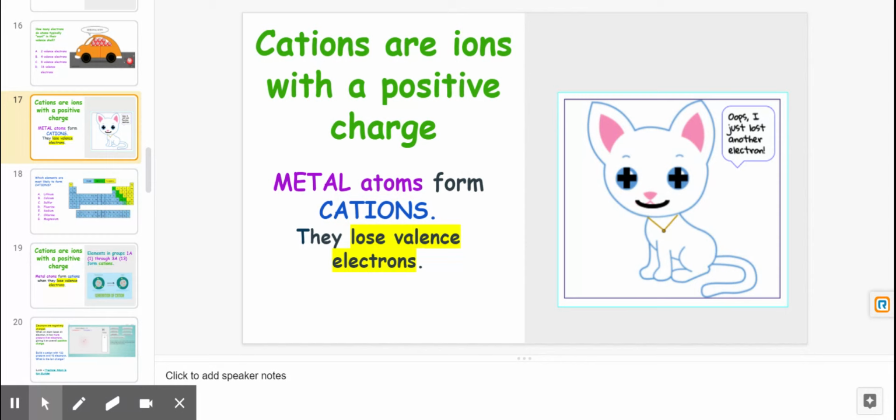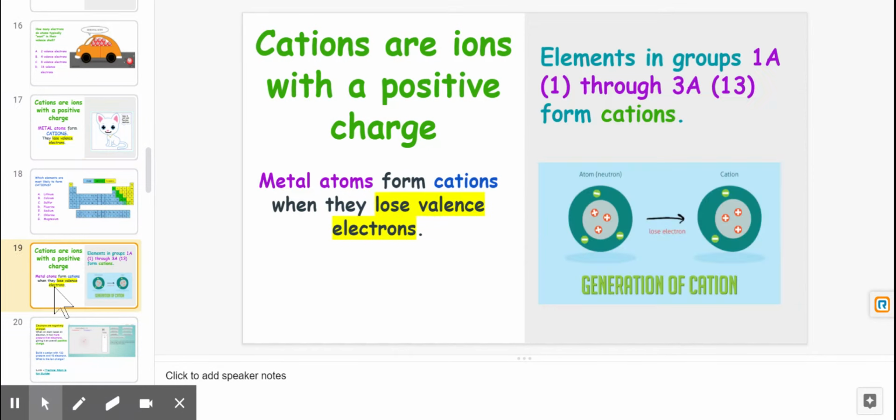And they do this by losing negatively charged electrons. There's the cation. She's wearing a gold necklace because she loves metal. Gold is a metal. Cations are ions with a positive charge.